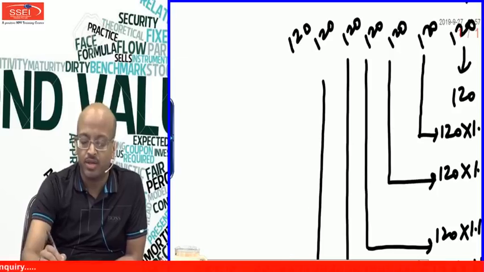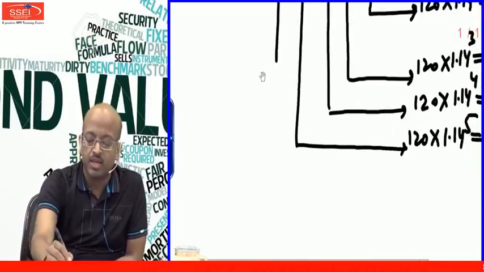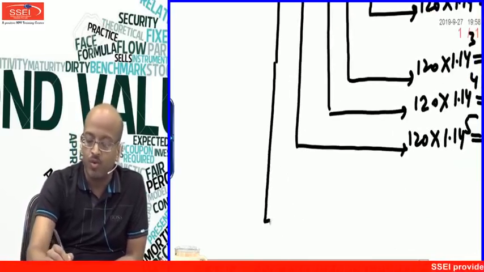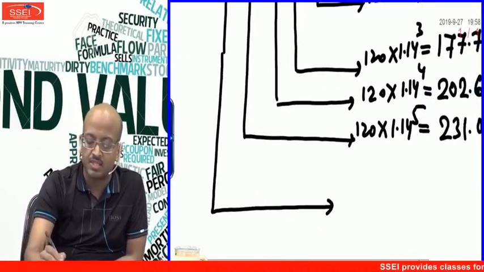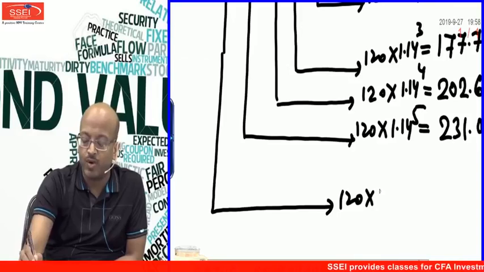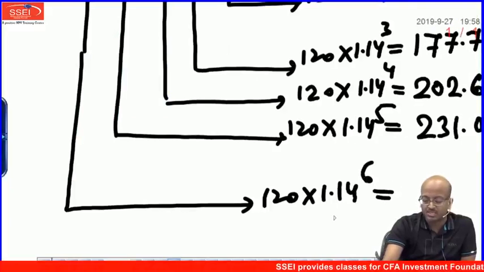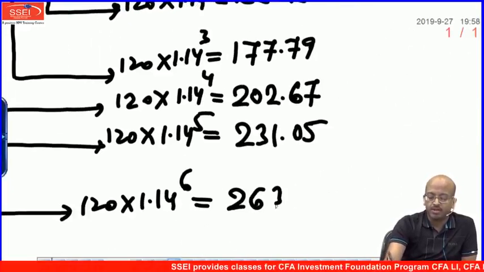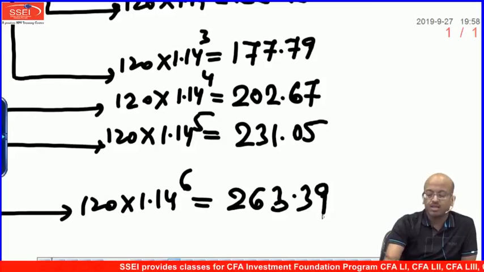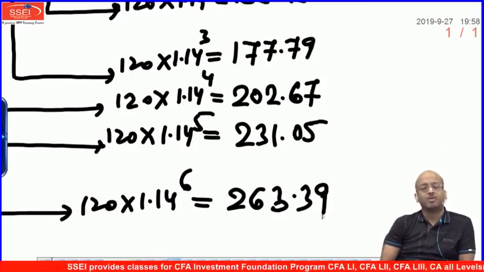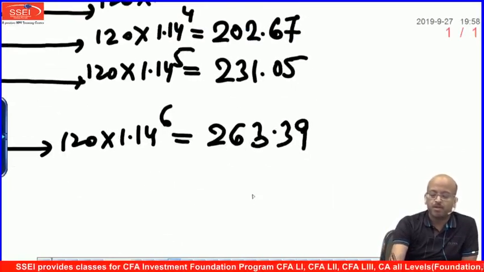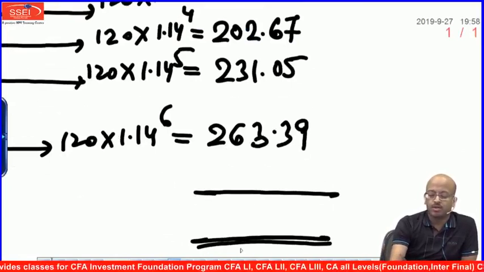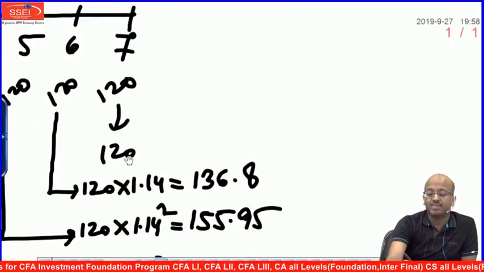And the first one, 120 into 1.14 power 6: 263.39. Okay, including the seventh 120.